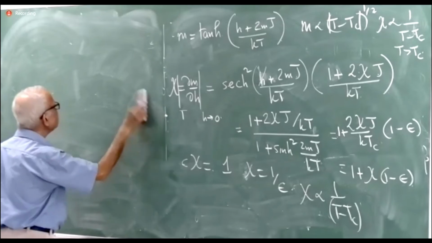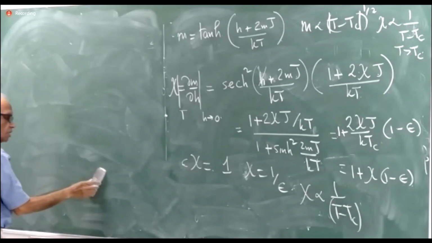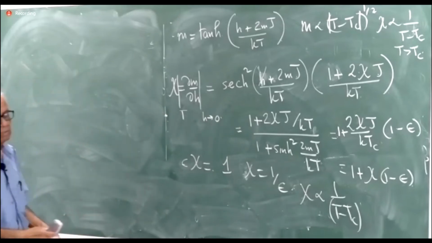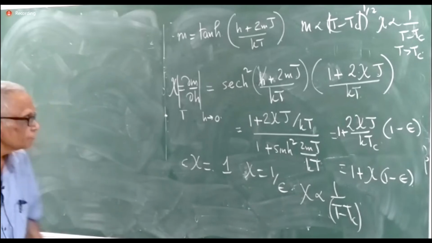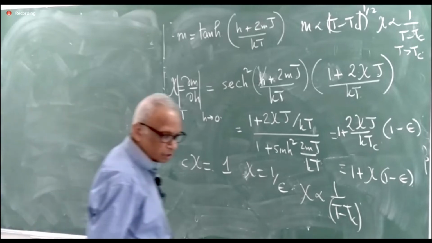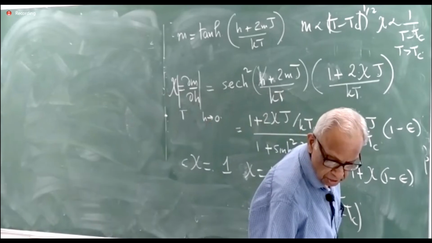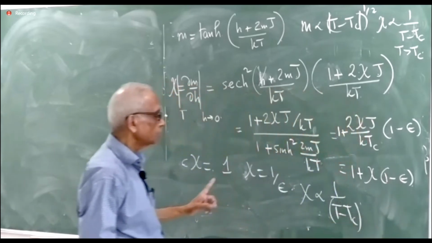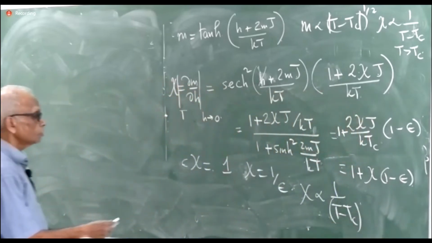This can be a bit of a bother, but it is very rarely that one would be doing calculations below Tc, and this is one where, after all, it's mean field and one should be able to go through it and get the right answer, because the final answer is actually important.